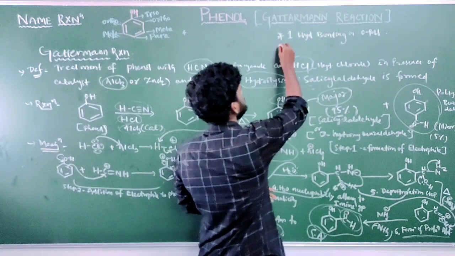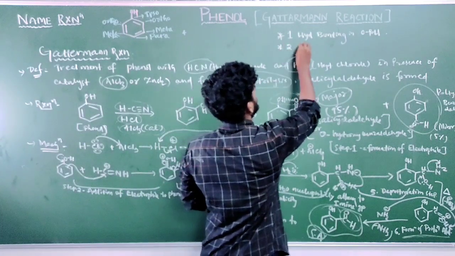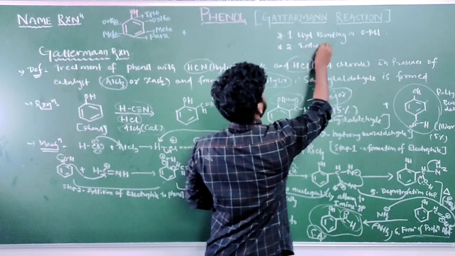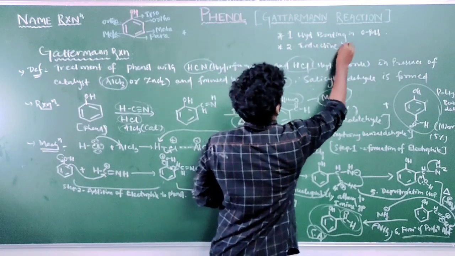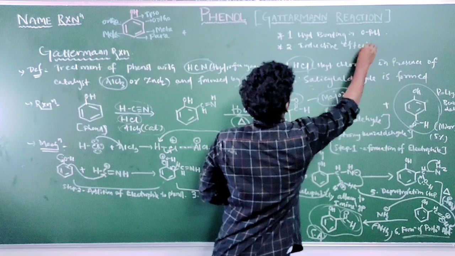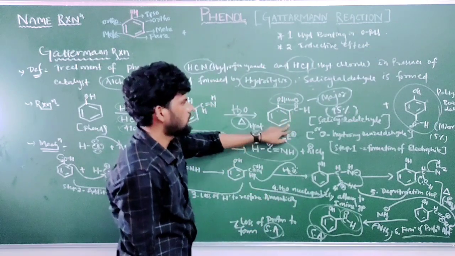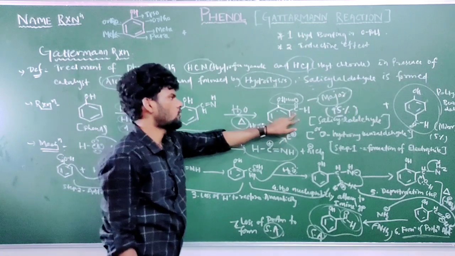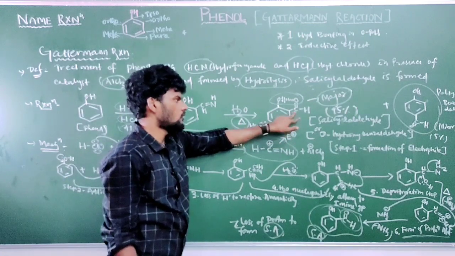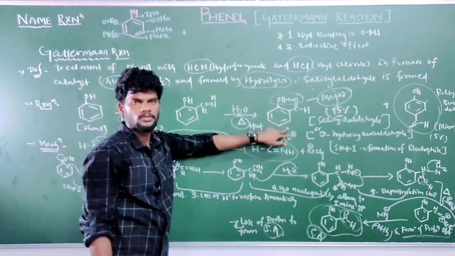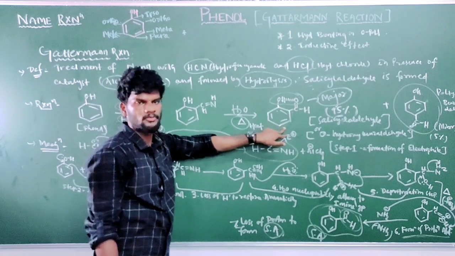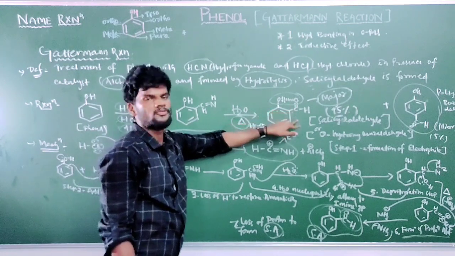And the second reason is the inductive effect, the I effect. If you go down the ring, that means ortho, meta, para, towards the para position, the inductive effect gradually decreases.